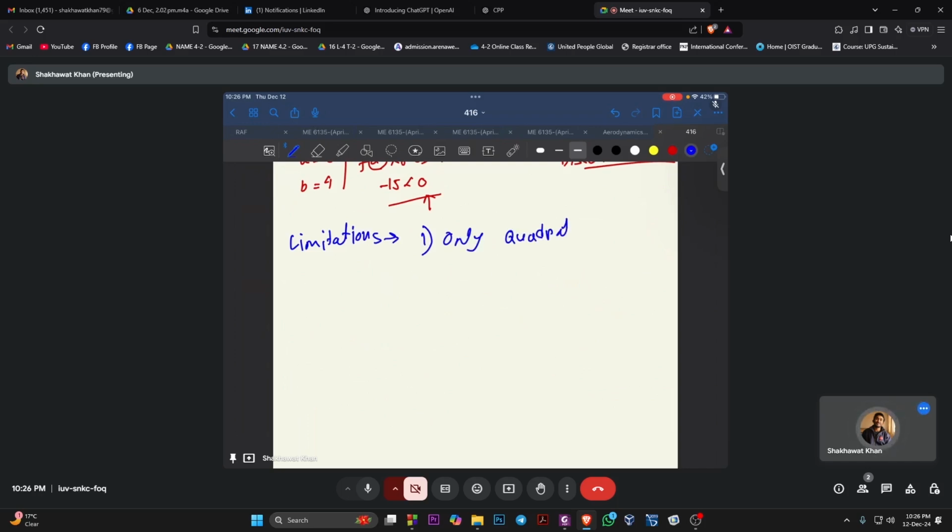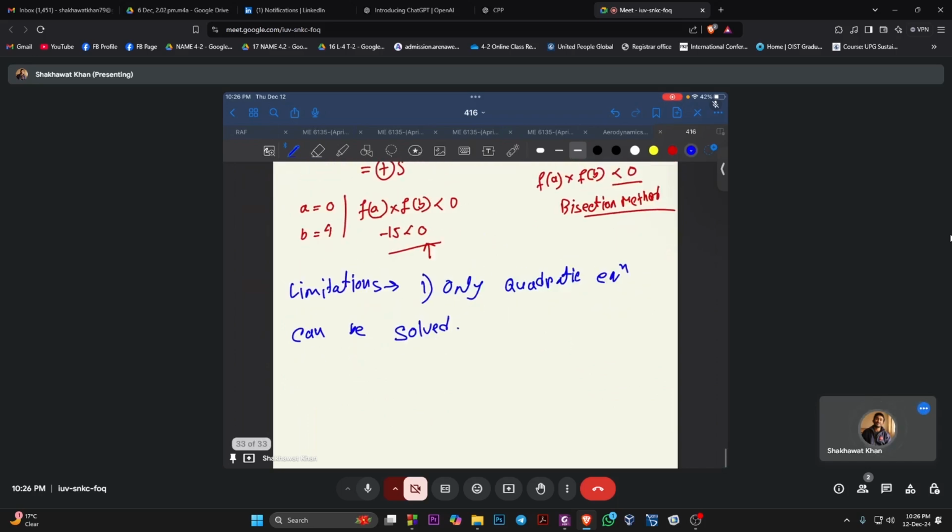And obviously the graph should have one value and another value that produce something negative and positive. That means f of a and f of b should be less than 0.